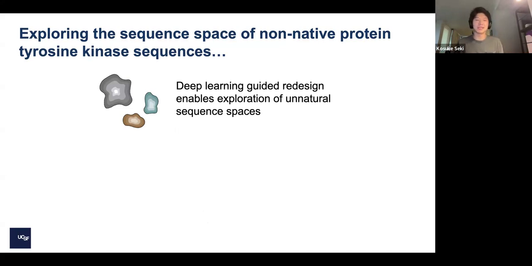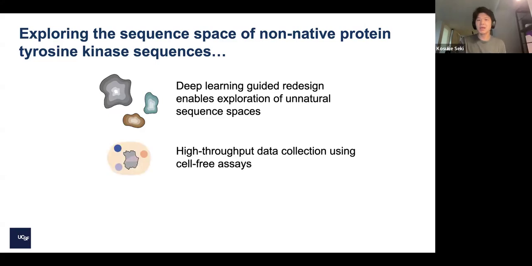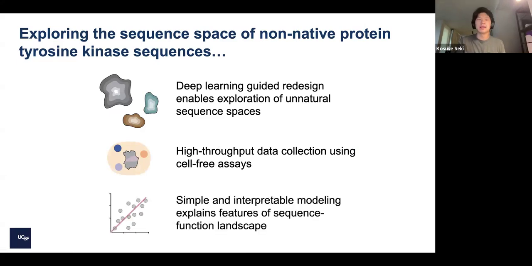And it's enabled entirely by the advances in deep learning. I showed you that we could collect a lot of data at high throughput using these cell-free assays. And then it's still surprising and really interesting to me that such a simple model, a linear regression essentially, can have really strong performance on learning the sequence function landscape and predicting the activity of other sequences.